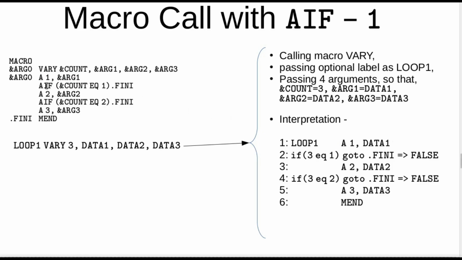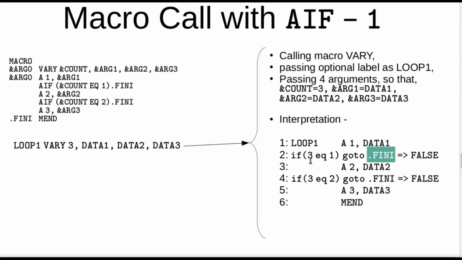Now the second instruction says AIF &count eq 1 .FINI. If we are trying to interpret it, that simply means if the value of count, which in this case is equal to 3, because we have passed 3 to count during macro call, is equal to 1, then go to .FINI.